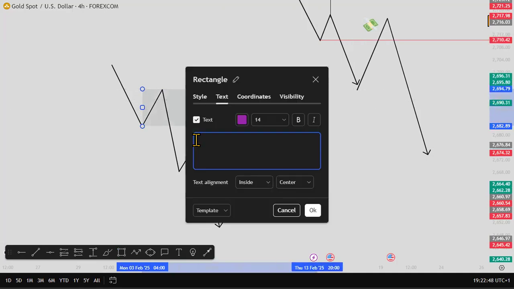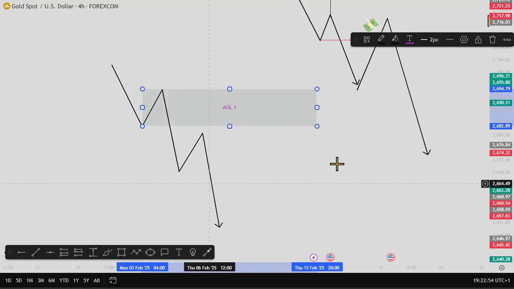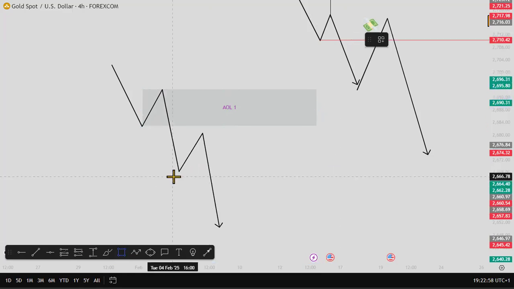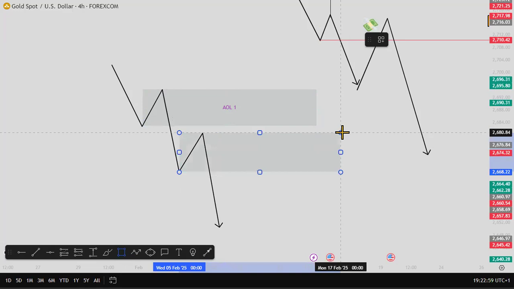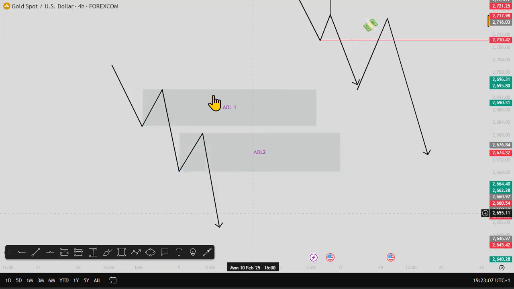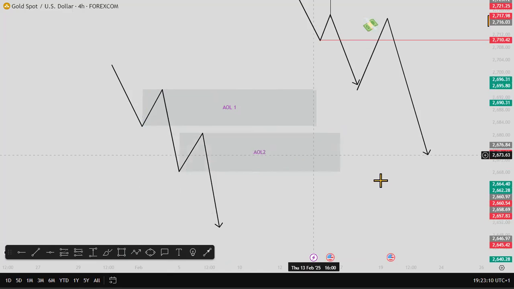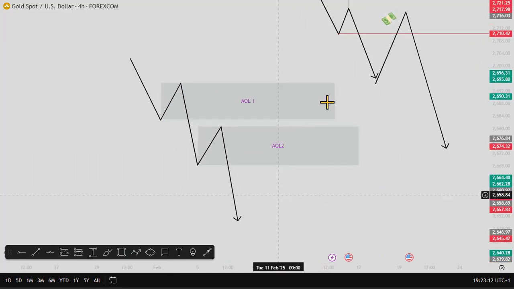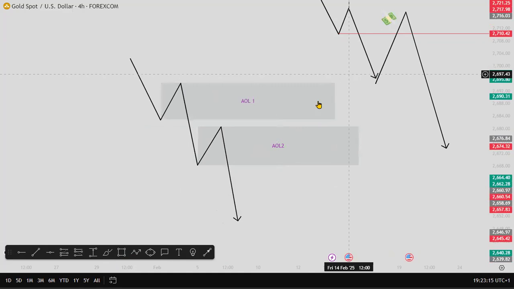This is area of liquidity number one, and this is area of liquidity number 2. How do we know which area of liquidity is the most valid? Now, there is something called the consumption theory.